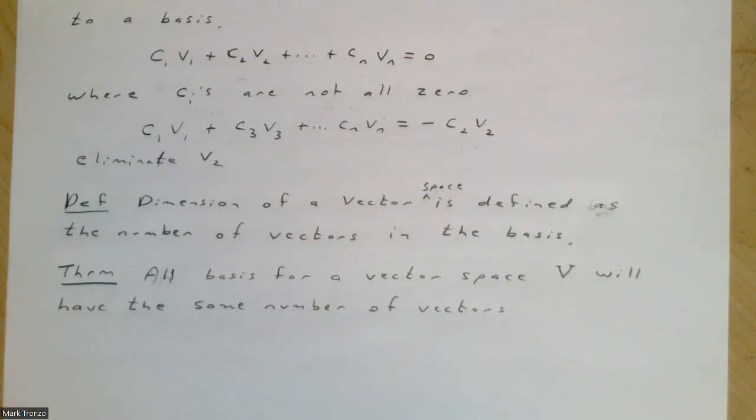Because a vector space can have more than one basis. In fact, usually you have an infinite number of different bases, but they'll all have the same number of vectors.